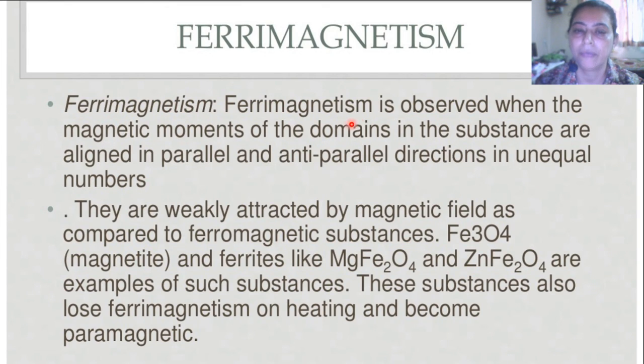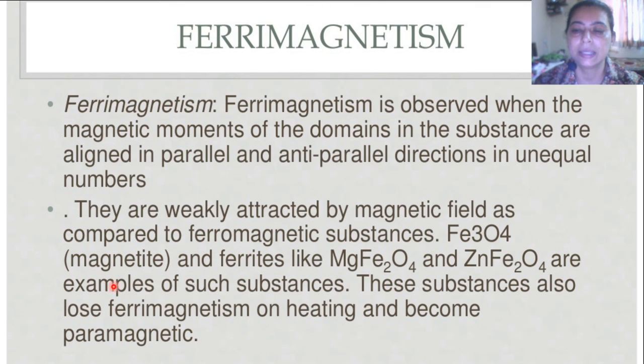Ferrimagnetism. Ferrimagnetism is observed when the magnetic moments of the domains in a substance are aligned in parallel and antiparallel directions in unequal number, and they are weakly attracted by a magnetic field as compared to ferromagnetic substances.